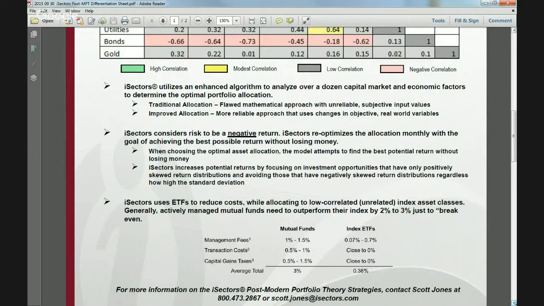The third improvement that we make is that we use a better definition of risk. As you well know, the traditional measure of risk is standard deviation. Unfortunately, standard deviation is flawed because it assumes both upside and downside volatility to be equally as bad. And most people don't look at excessive upside volatility or the chance of making unexpected returns as bad.